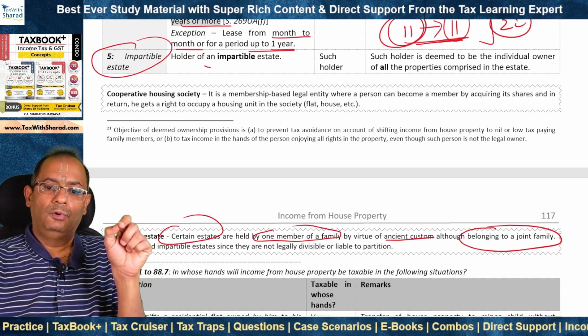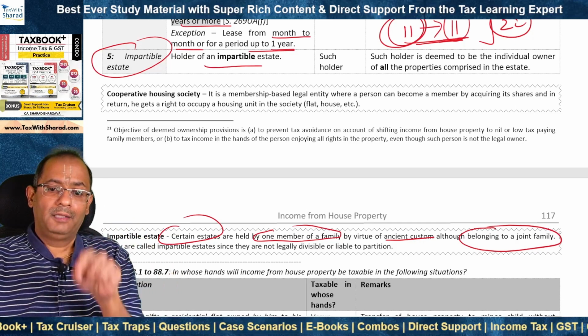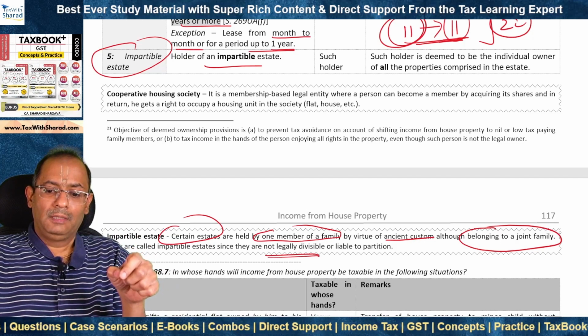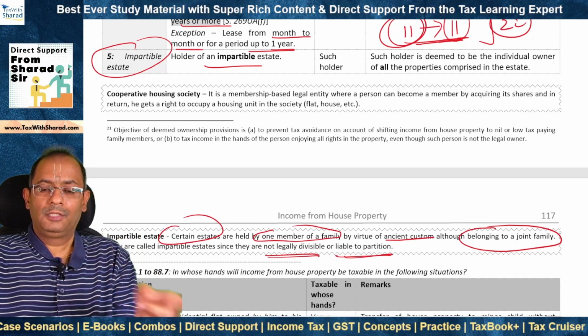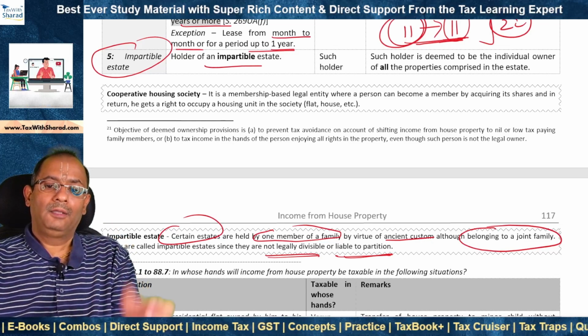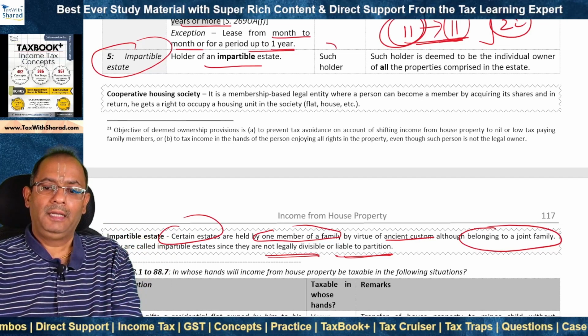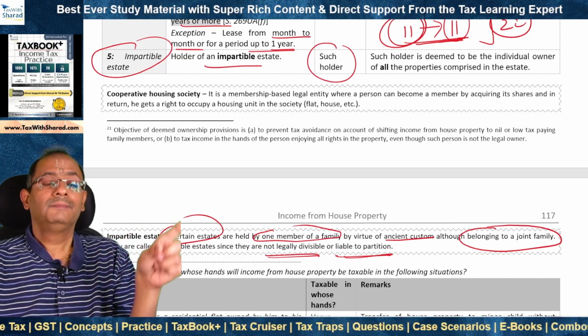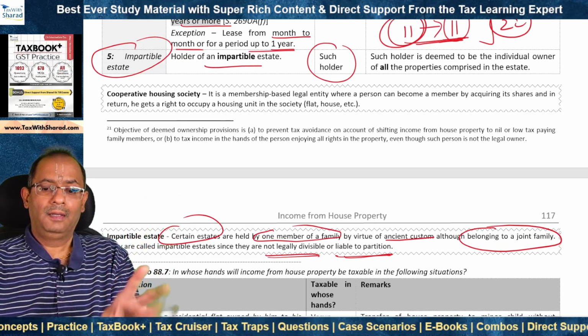That person is called the holder of an impartible estate. Why is it called an impartible estate? Because such estate is not legally divisible or liable to partition. The holder of such impartible estate is also deemed owner under section 27, and consequently income is taxable in his or her hands.